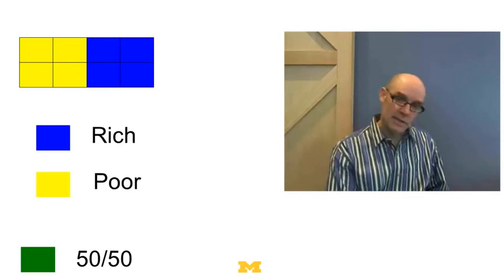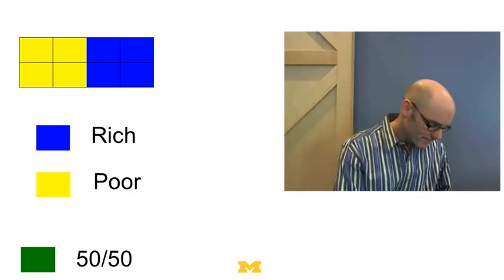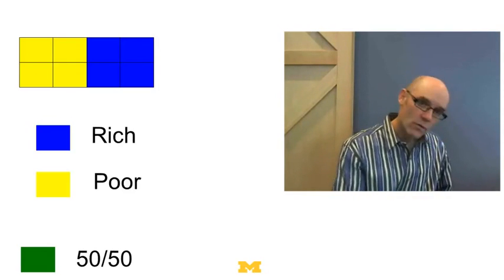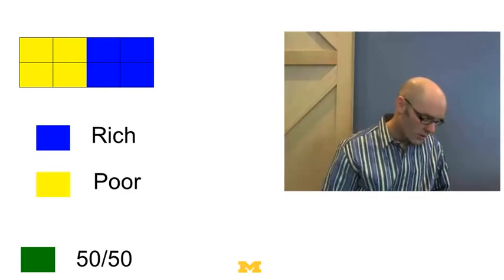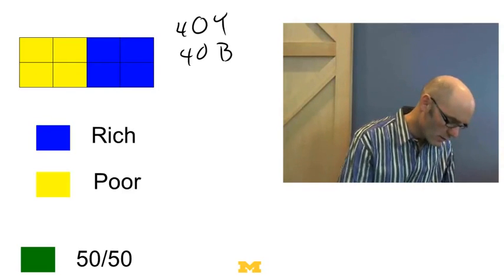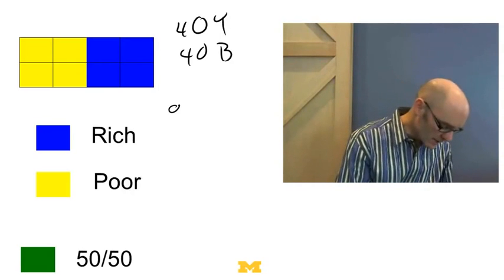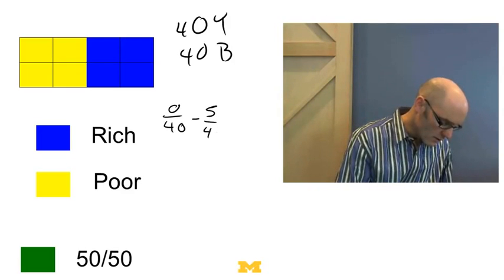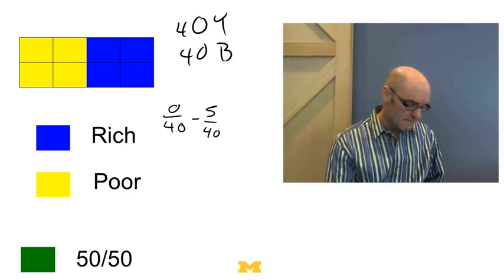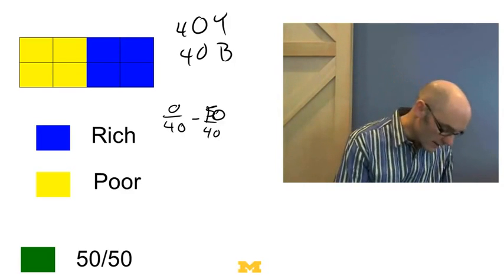But let's go back and look at this other case. Now I've got 4 that are all yellow and 4 that are all blue. Once again, I've got 40 yellow and 40 blue. But now I've got to think, for each one of these yellow districts, what do I have? I've got 0 over 40 blue minus 10 over 40 yellow, because I've got 10 yellows in each one.